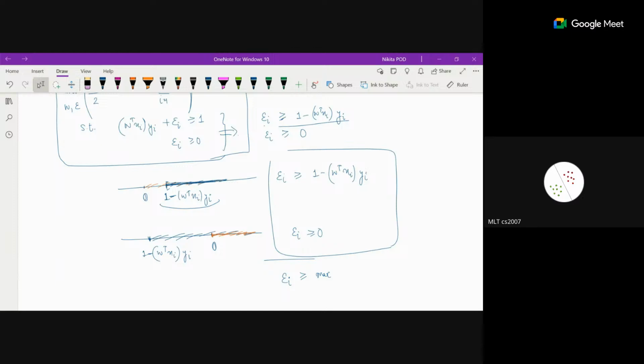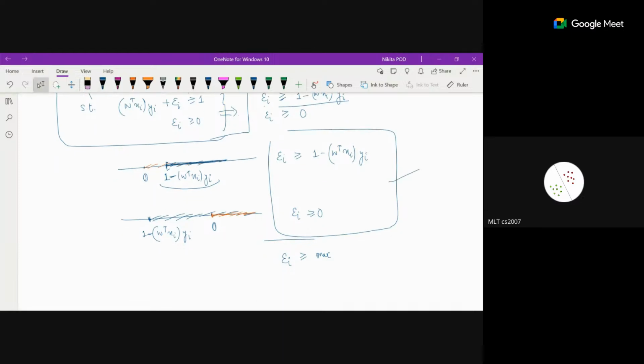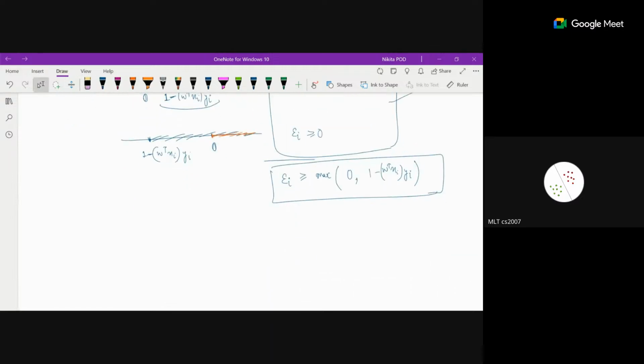We are going to put that as the bound for my epsilon I. So looking at both these cases, I can write my epsilon I as greater than or equal to max of 0 comma 1 minus W transpose Xi times Yi, right? This is combining both.